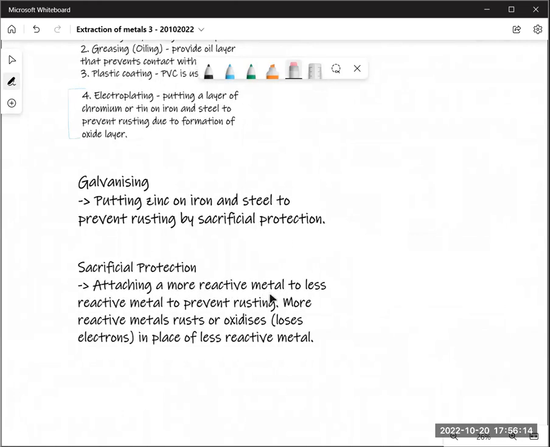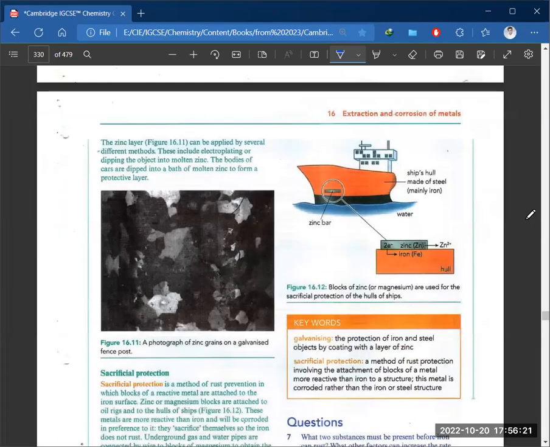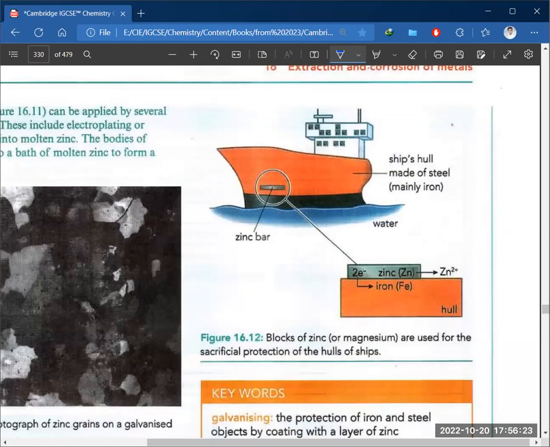And what is sacrificial protection? I'll tell you what it means. You must have seen, let's look at a ship. Now, look at this layer. I'll show you the diagram over here. Now, please look at this diagram.